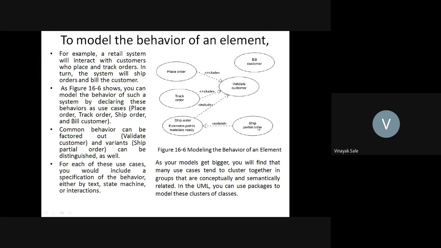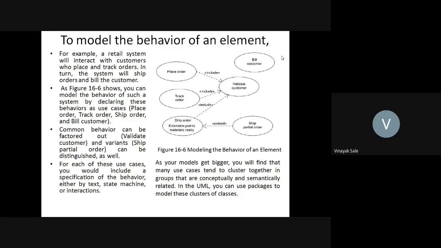Ship partial order is an extension. Validate customer is included, then bill the customer. So common behavior can be factored out as validate customer, and variants such as ship partial order can be distinguished as well.